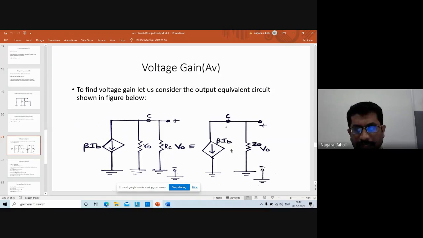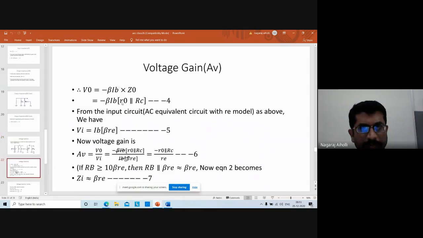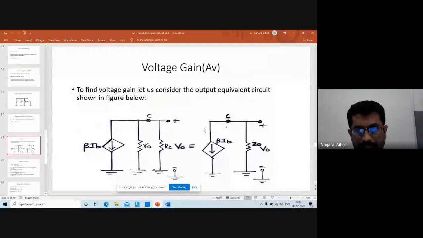V0 is equal to minus beta IB. That is the equation for the output voltage, because the current direction is towards the ground terminal. Therefore V0 will be equal to minus beta IB into the resistance, that is Z0.